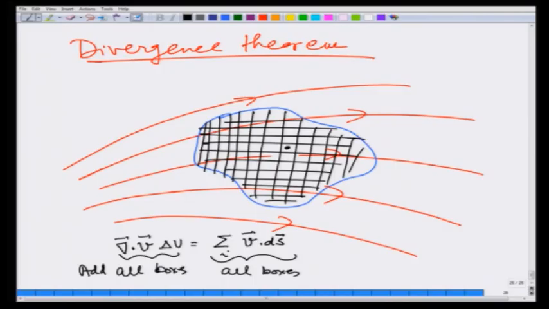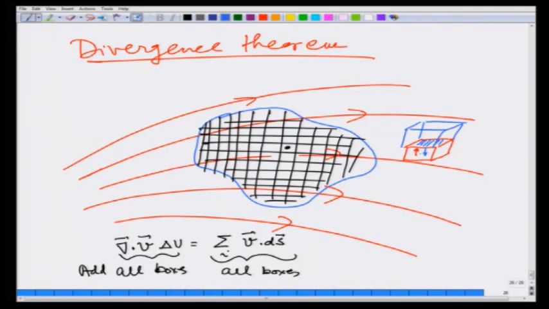Look at 2 particular boxes. If I take one box like this and look at an adjacent box, on this common surface, V dot ds for the lower box would have ds going this way, and for the upper box ds is going this way.